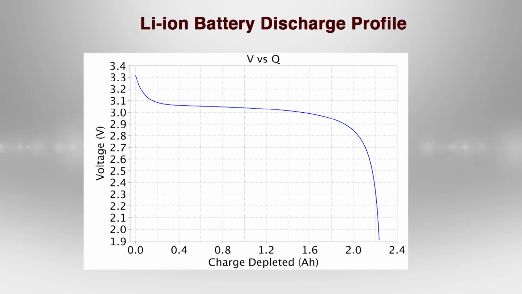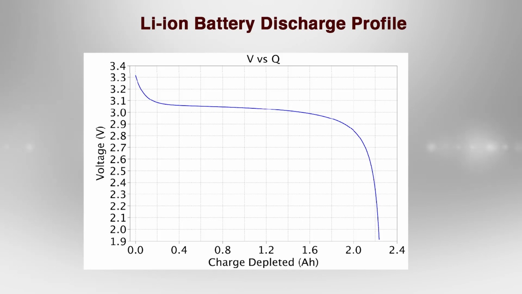Let us understand the discharge profile of the lithium ion battery. As you can see in this particular graph, the graph is plotted between voltage and charge depleted. There are 5 different regions in the lithium ion battery discharge profile.